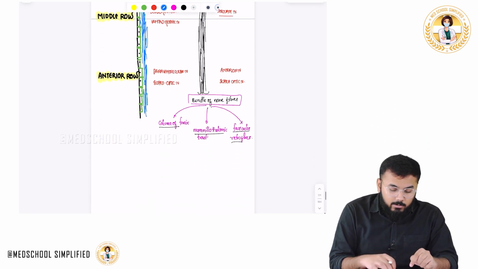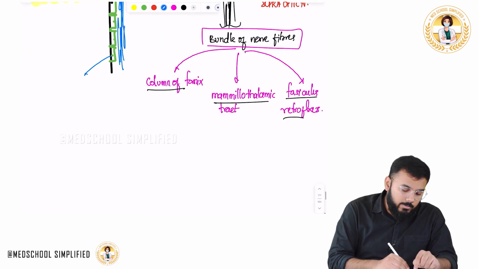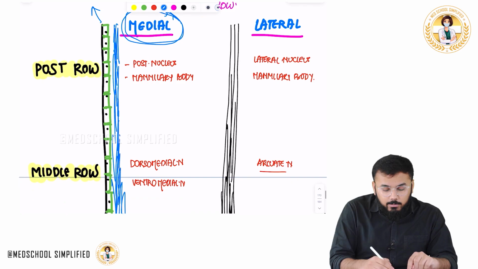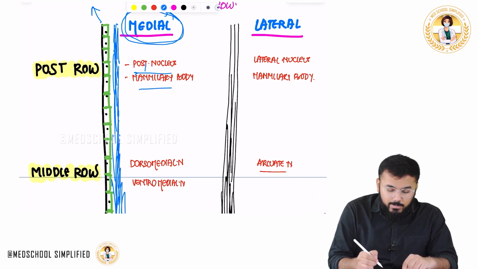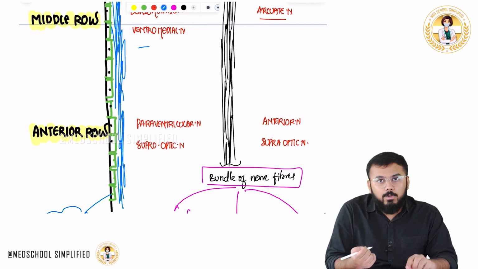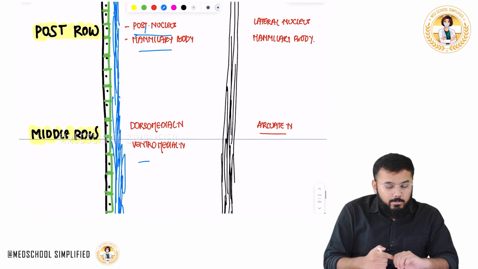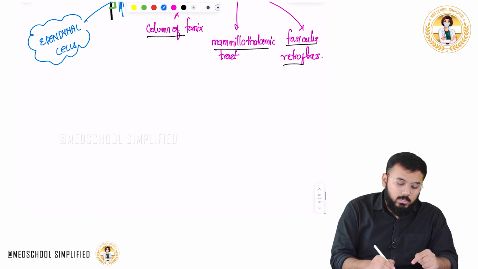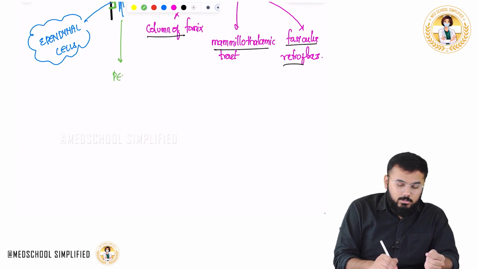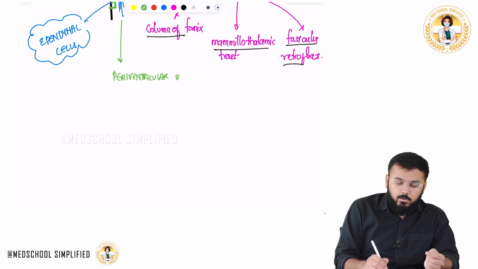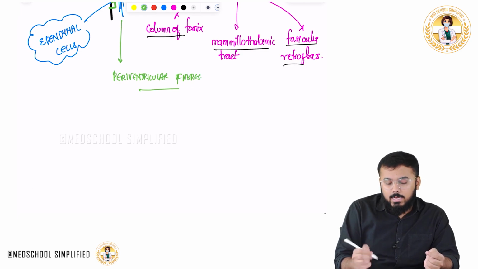Between your medial nuclei, in the sense your posterior, mammillary, dorsomedial, ventromedial, paraventricular, supraoptic, all these are your medial nuclei, and your ependymal cells, these bundle of fibers are nothing but called periventricular fibers. So, this is another classification.